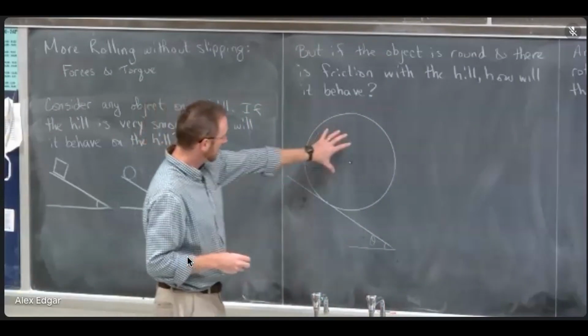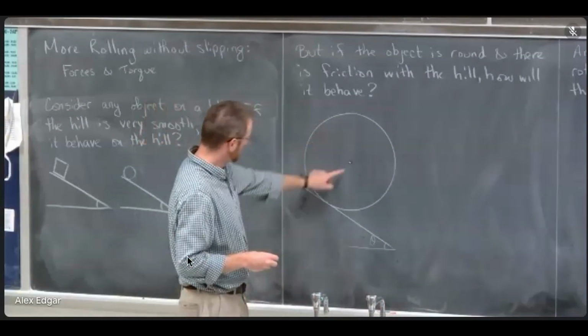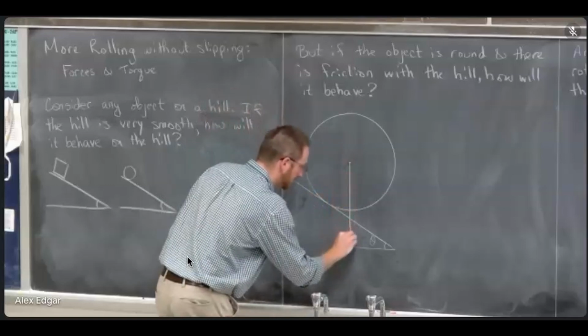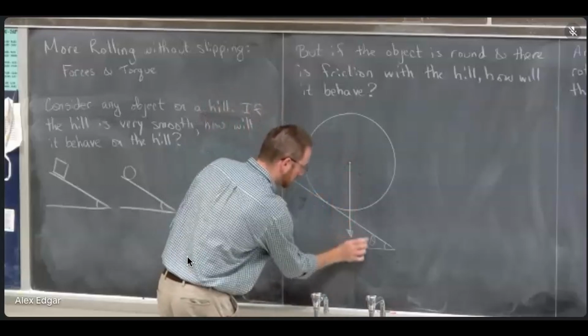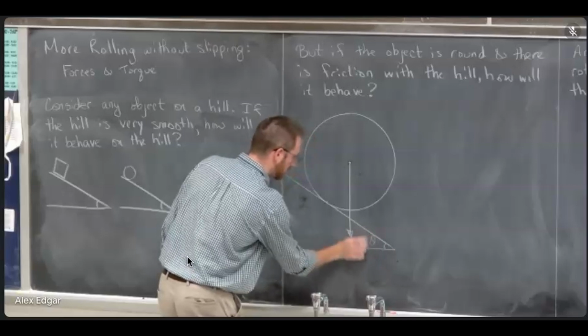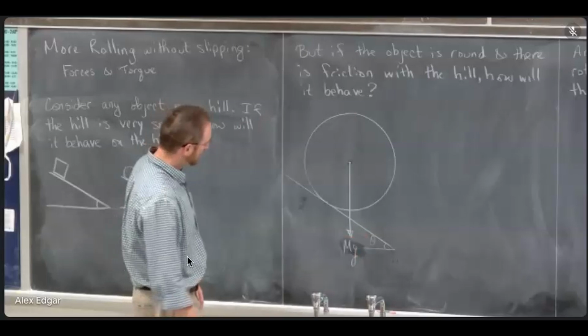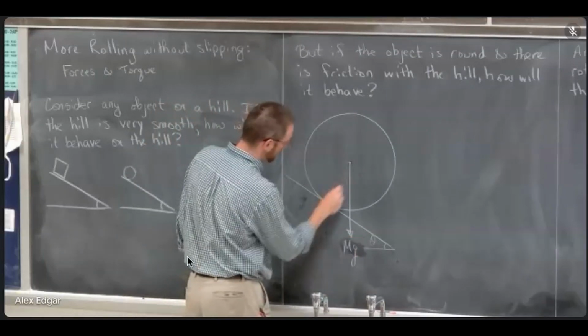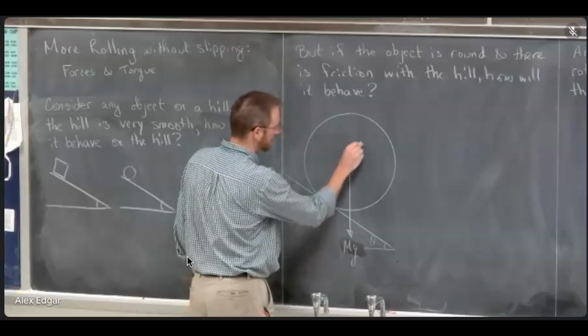So we have our puck with the center of mass marked and the point of contact marked. And in drawing the free body diagram, we have the weight that points straight down. Let's call that mg. And we also have the normal force that points from the point of contact through the center, perpendicular to the surface.